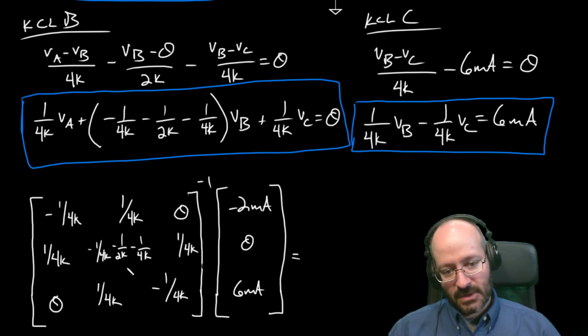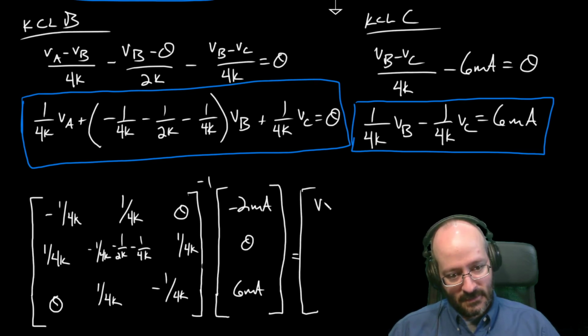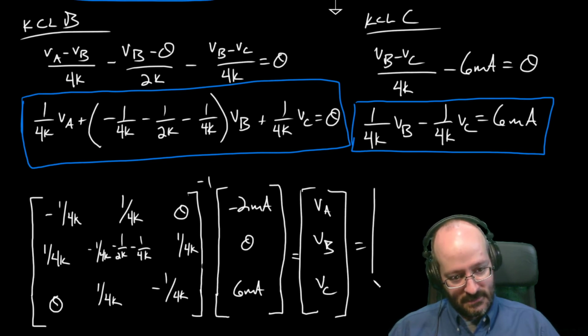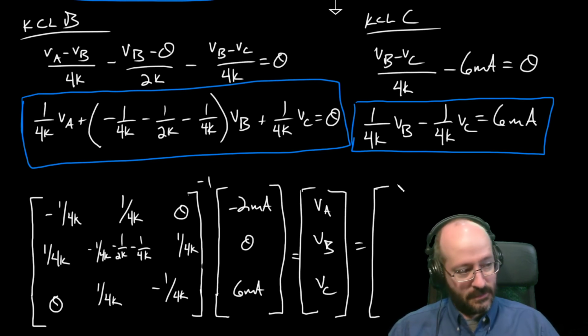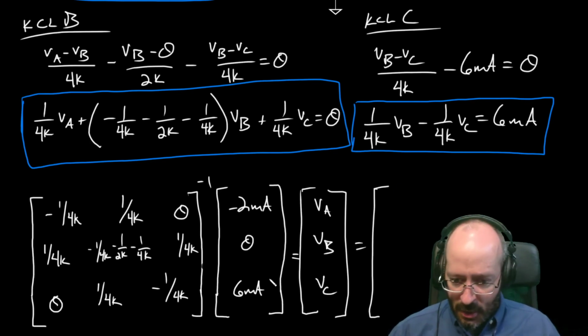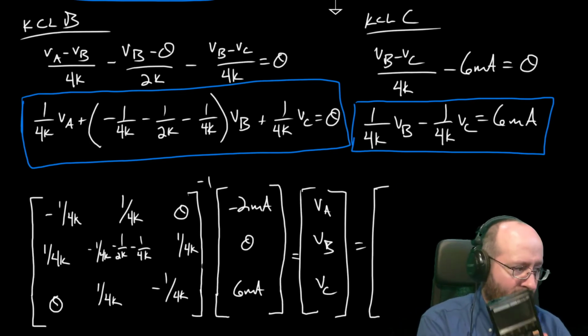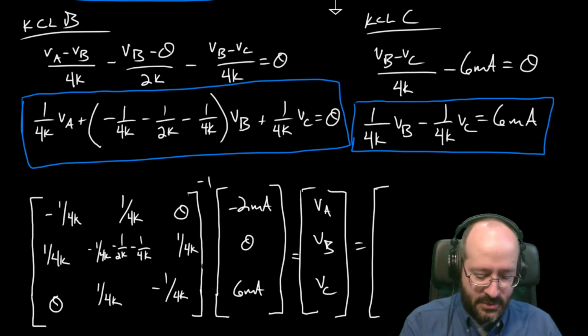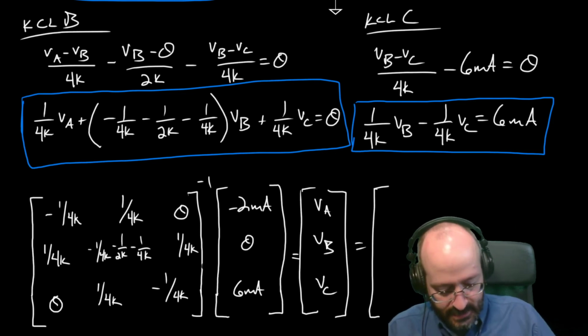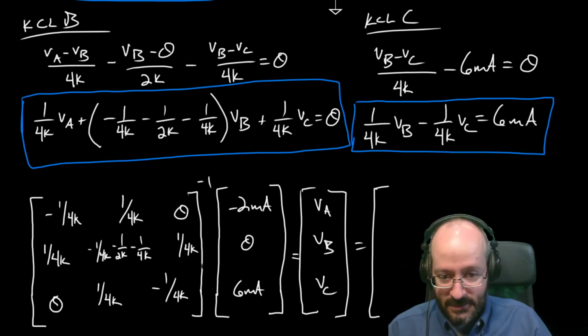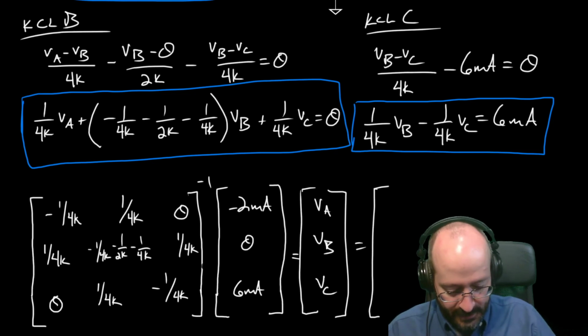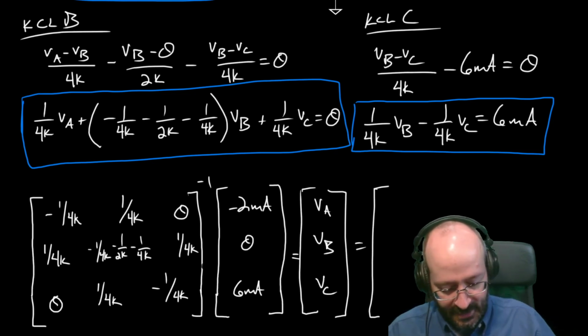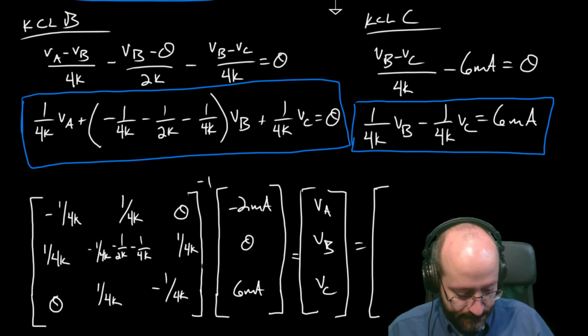Alright, if I invert the matrix and I multiply by the vector, I'm going to get a vector that corresponds to my unknown node voltages. Okay. It's going to be close to my head. And we got to do that on the calculator. So go ahead and try it on your calculator. And it's a little trickier with the fractions. Find the invert button is what I'm going to tell you. The little raising things to the -1 helps me a lot.